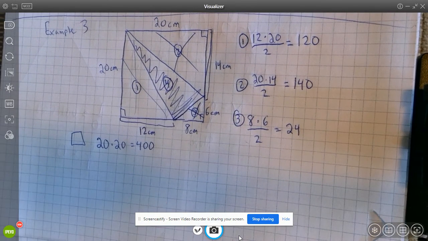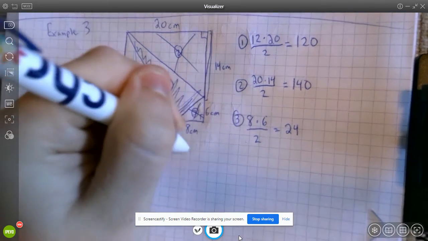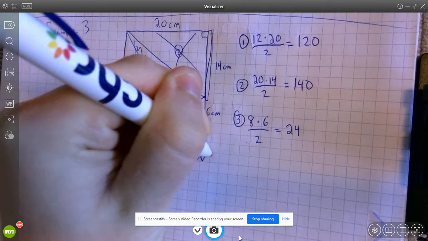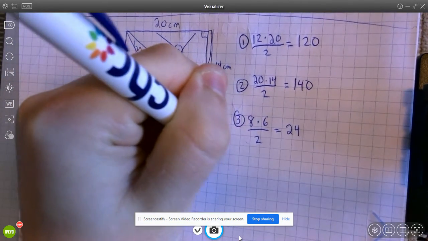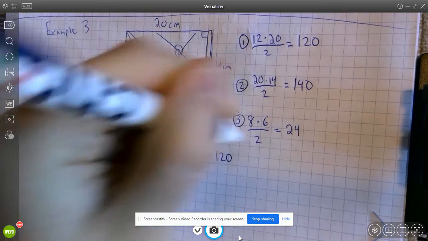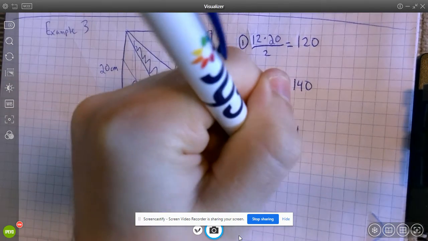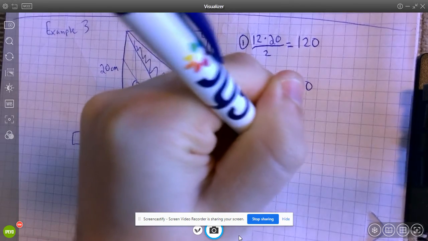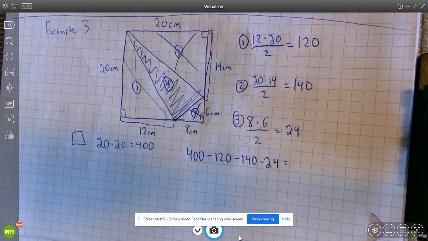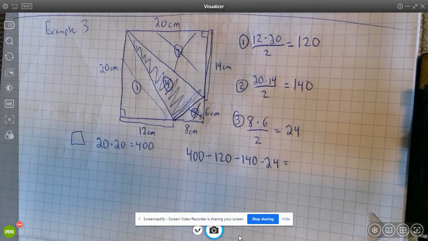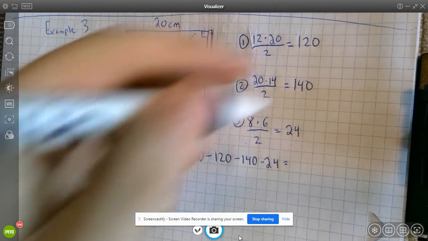Subtract triangle 1, 2, and 3 from 400. So we're going to do 400 minus triangle 1, which is 120, triangle 2, which is 140, and triangle 3, which is 24.